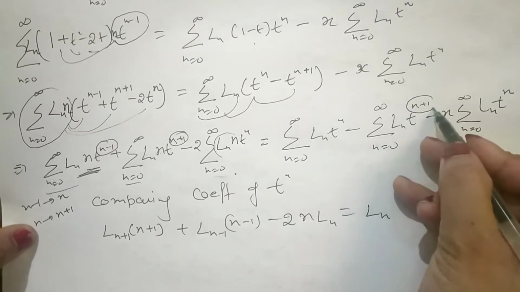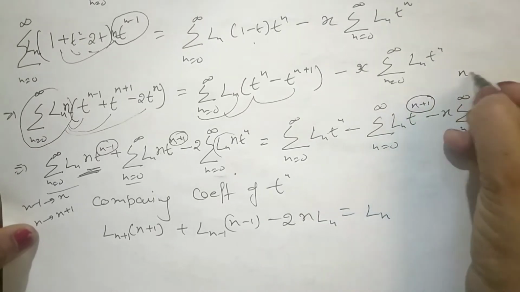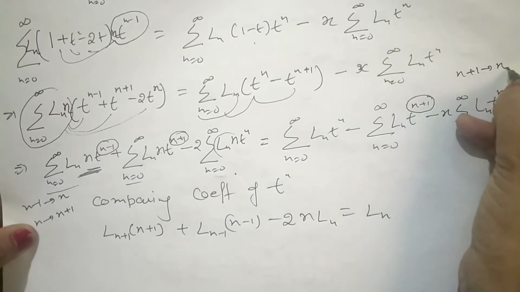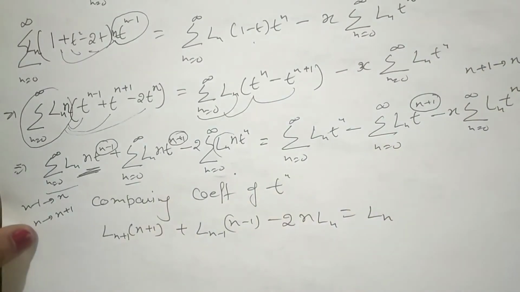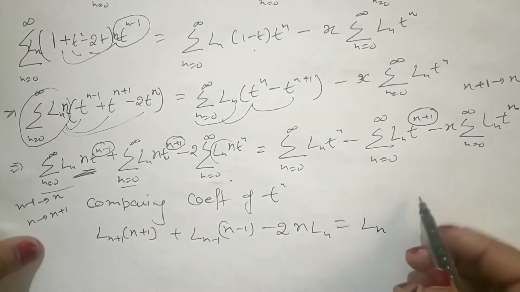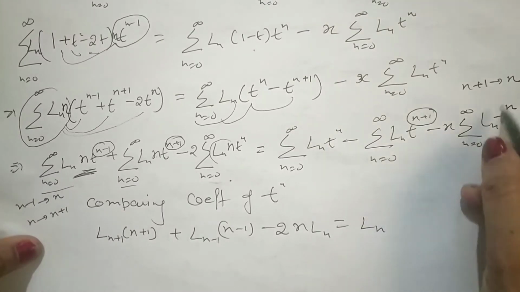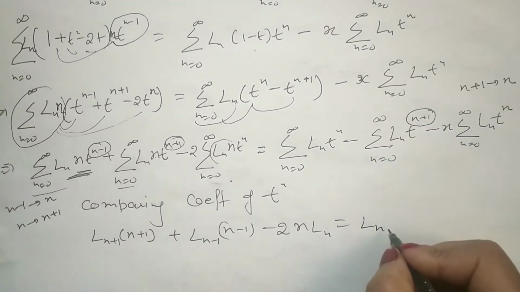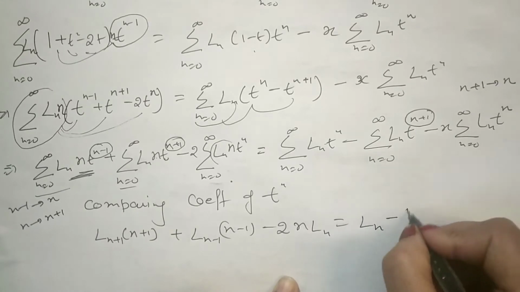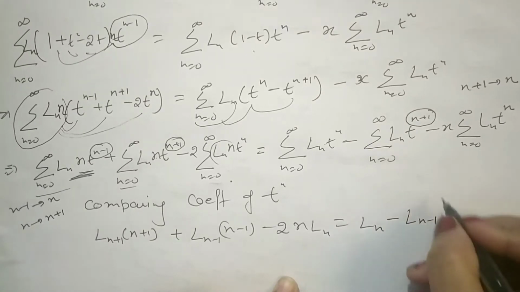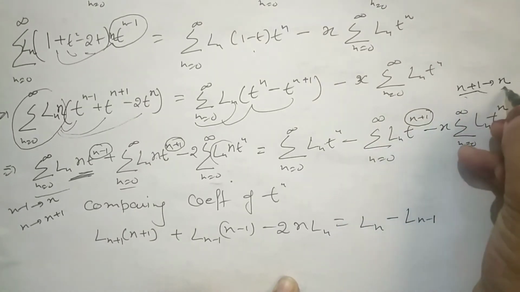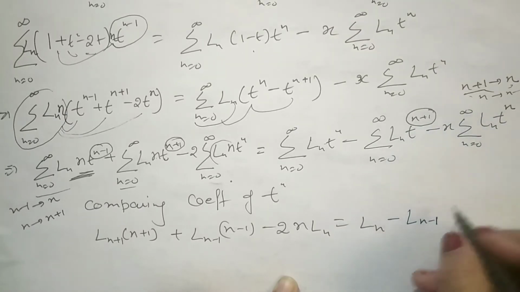The coefficient of t raised to power n will be obtained when n plus 1 is changed to n. So this will be minus l(n-1). When n plus 1 is changed to n, it means n is changed to n minus 1.